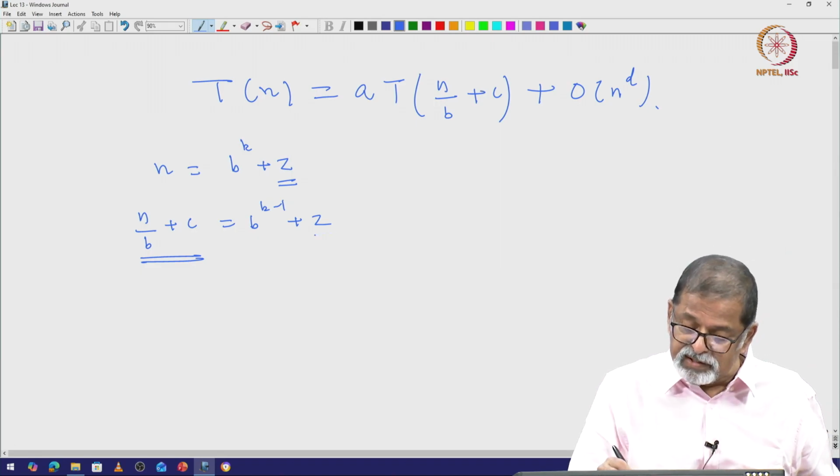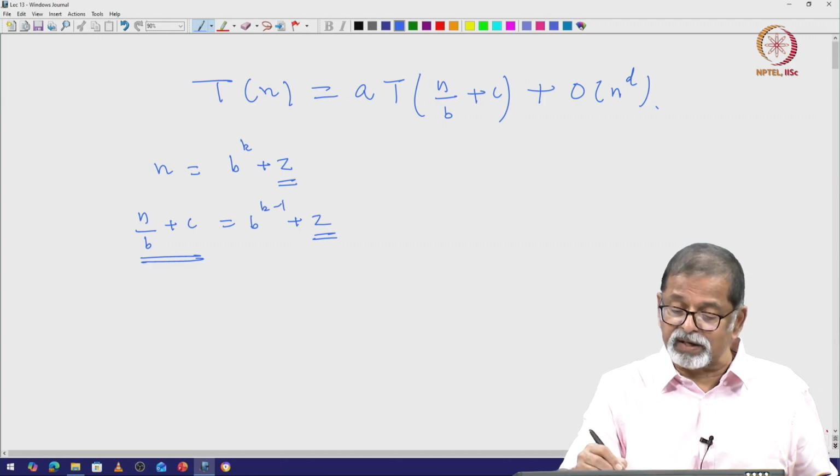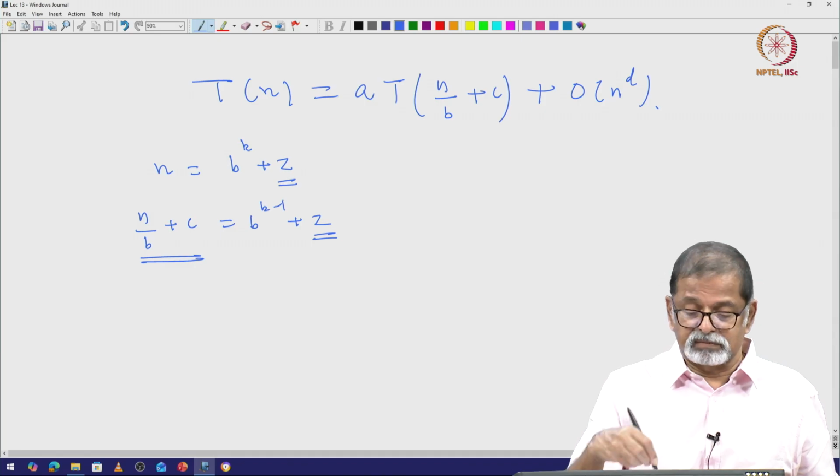I want to choose z in such a way that n will be of the form b power k, therefore n by b will be b power k minus 1.